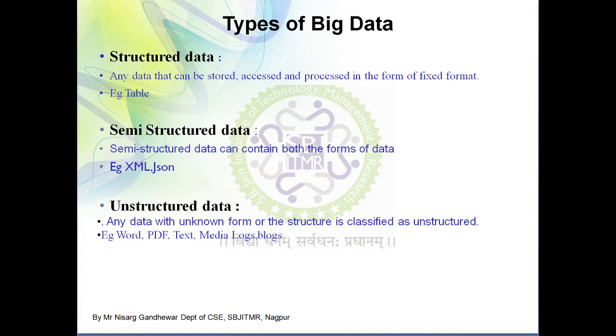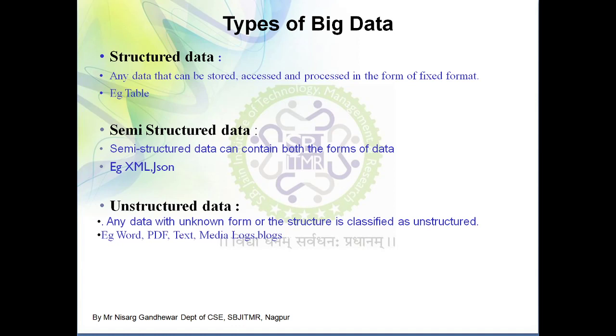That means it follows a partial format. It does not follow a complete format. Semi-structured data is data which follows a format partially. For example, XML data, for example, JSON data.